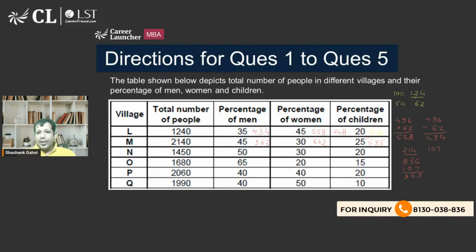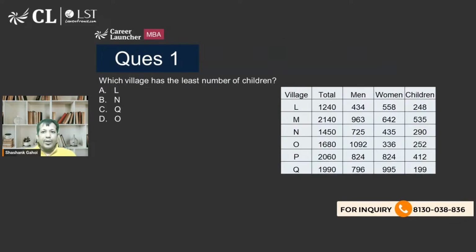I have made a table where I have taken out every value. So the number of children in village L is 258, number of women is 558, number of men is 434. This number is there for every village. Now, what is the first question?